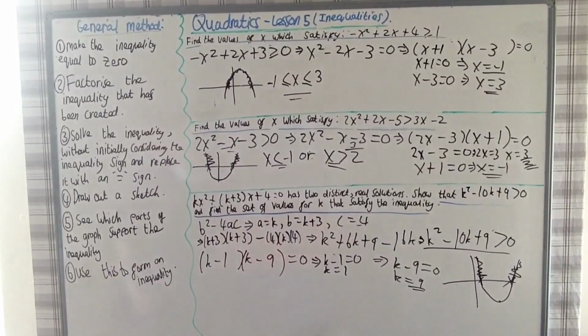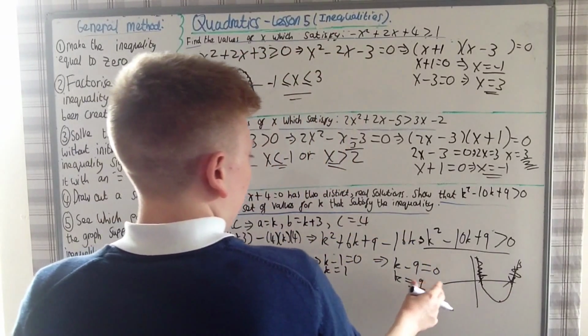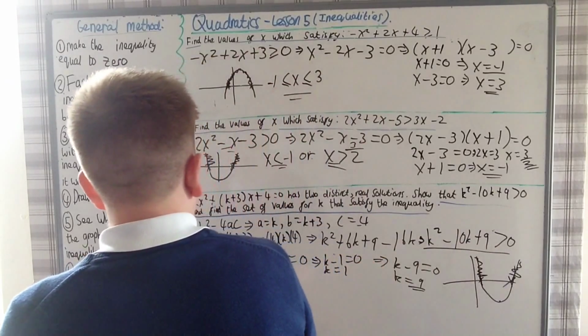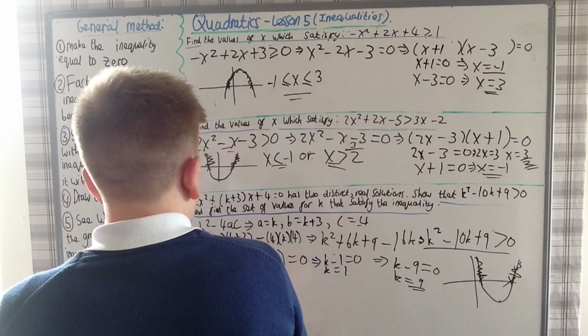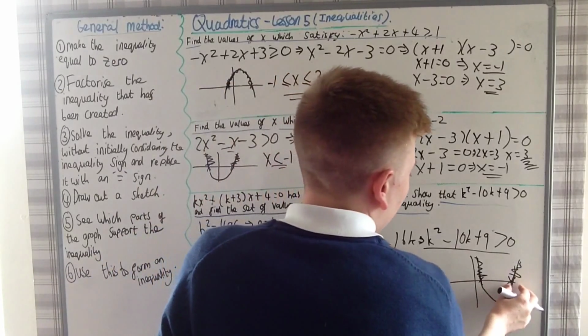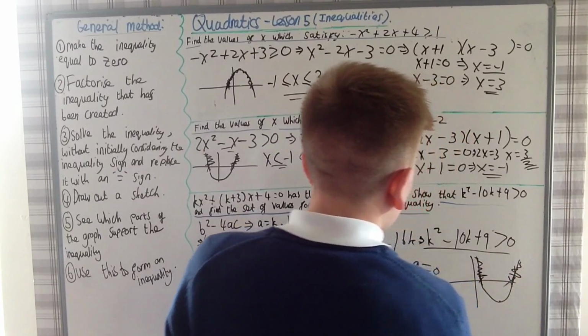So here we're going to get an inequality that looks like, well, firstly it's got to be less than this point, which is 1, so k has got to be less than 1, or, well, this point here it has to be greater than, as you can see it's moving that way, so it's got to be greater than this point, which is 9.